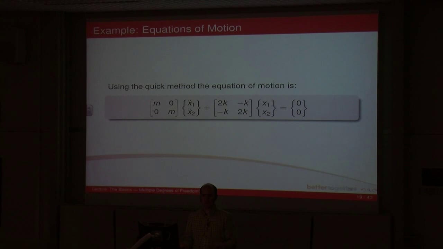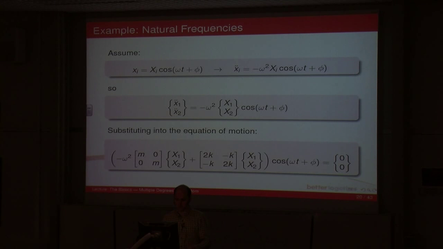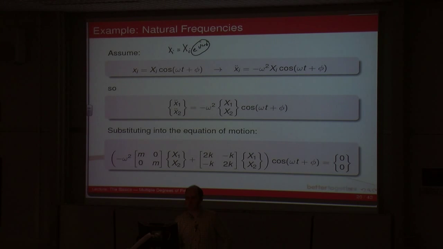So what you do now is you make the substitution with a trial function. So here I've assumed this. Obviously the other way that I've done it, and you can see this in the notes, is you can say xi equals big Xi e to the j omega t, because we know that is the complex form of an oscillation.